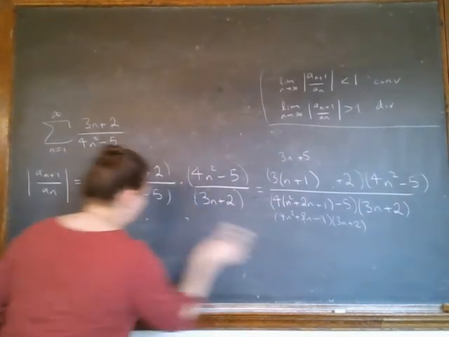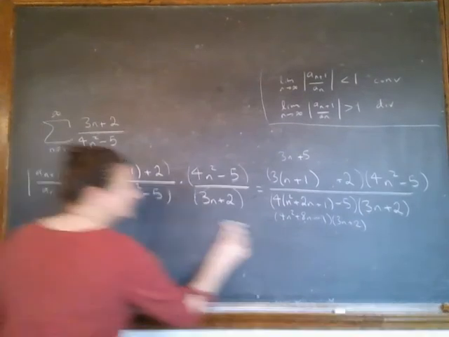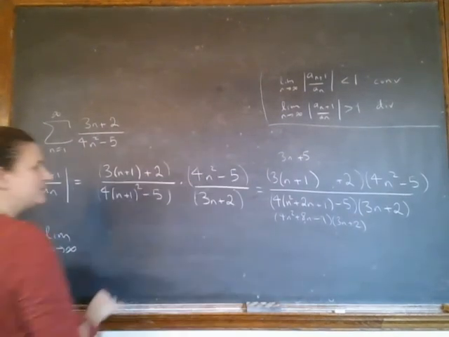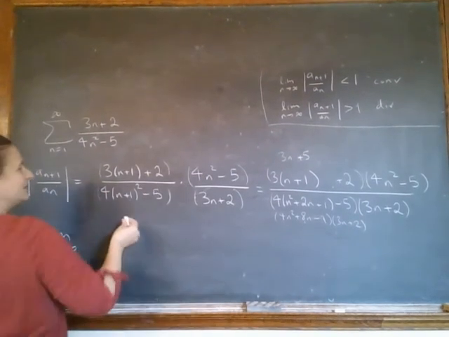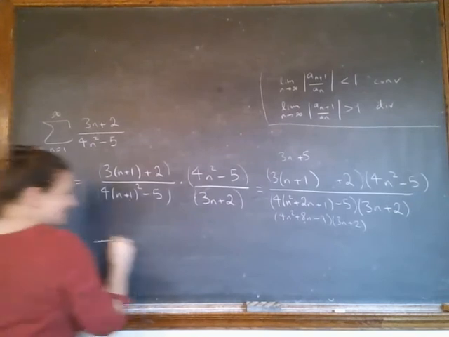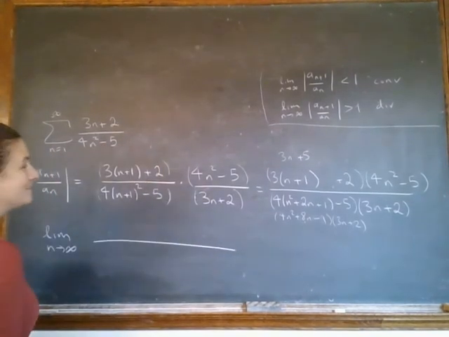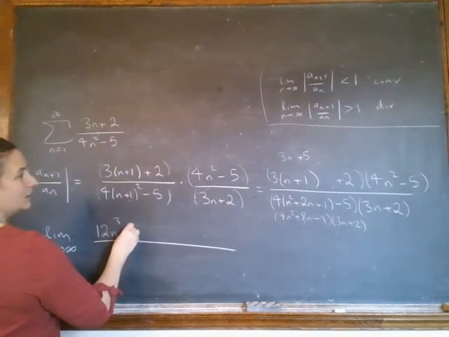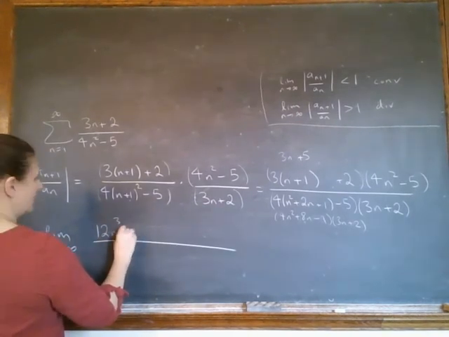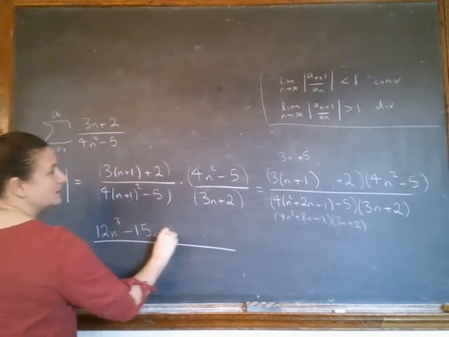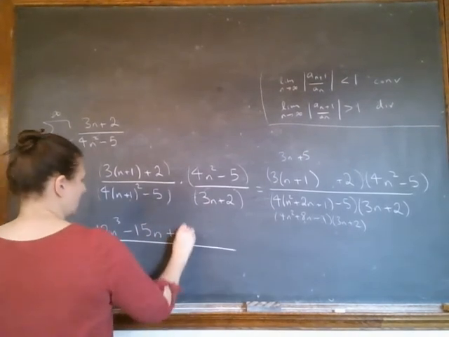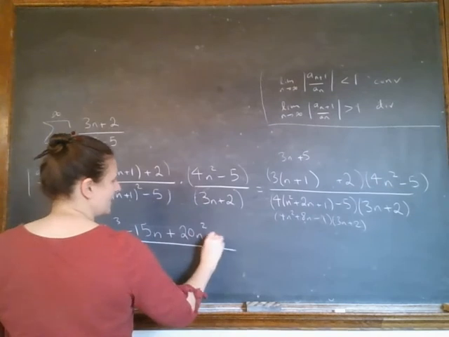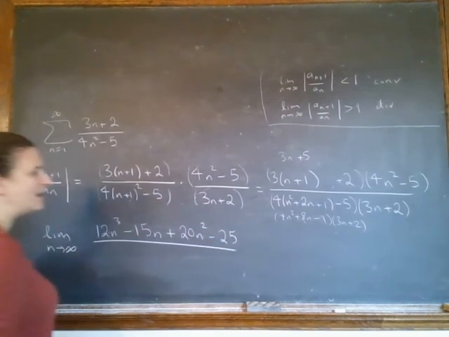All right, I'm going to redo it. How many people noticed that when I did it? That's the question I want to know. Because I sure didn't notice that. So this is going to be 12 minus 15 and plus 20n squared minus 25.